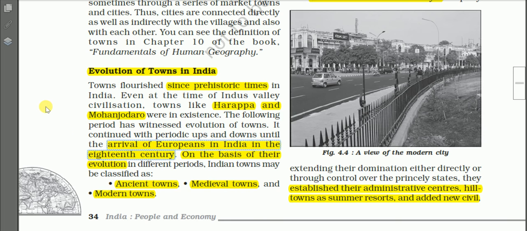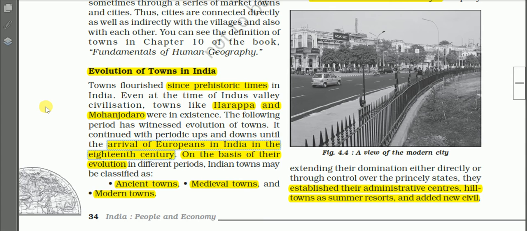So in India, towns flourished since prehistoric times. Then, see, in the ancient Indian period, Harappa and Mohenjo-daro were in existence, and the following period witnessed evolution of different towns in India. However, there were ups and downs until the arrival of the Europeans in India in the 18th century.